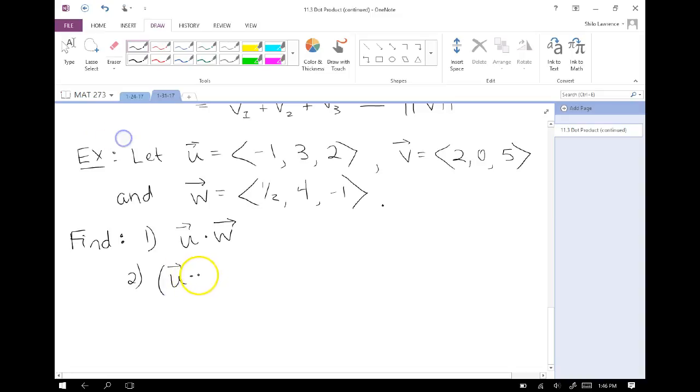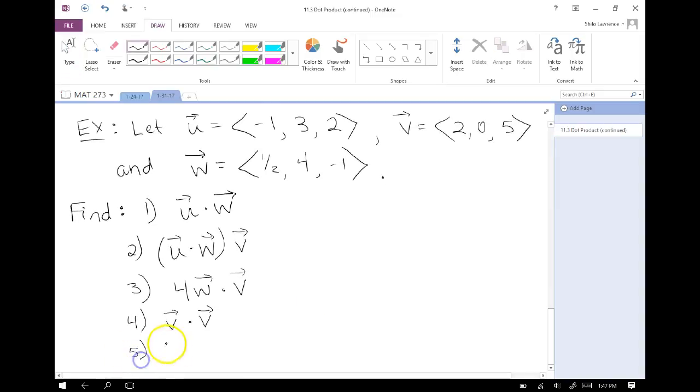We're also going to do u dot w times v, w dotted with v, v dot v, and the magnitude of v. So we've got 3 vectors and we just want to do all those calculations.